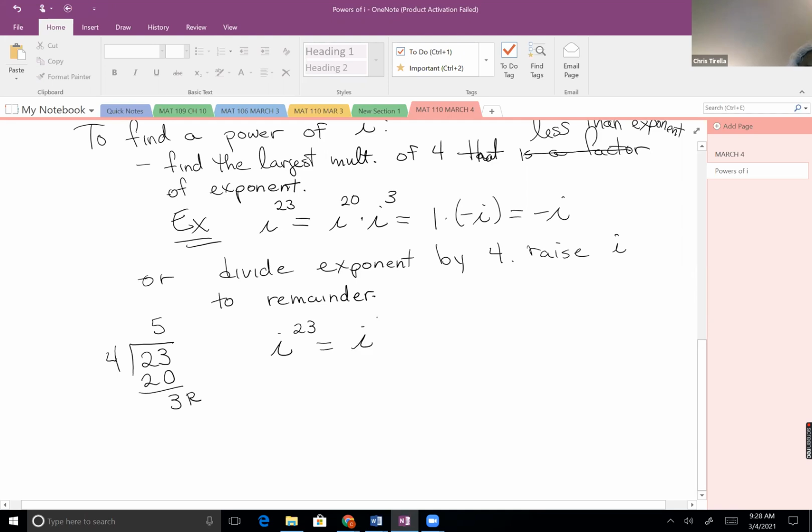And so that'll be i to the third, which is -i. They're both in practice the same thing. I know that I initially learned it this way using the remainder, but I also know that students are much less comfortable now with that idea of doing long division to find a remainder.